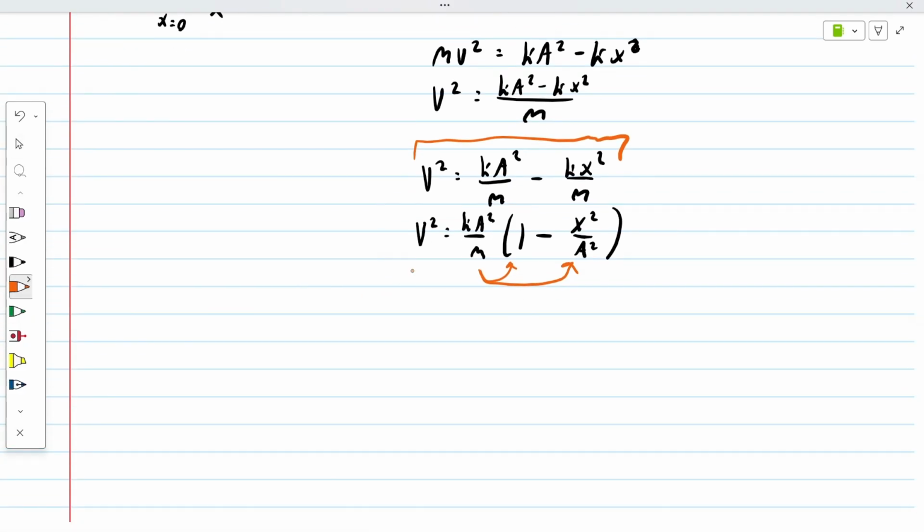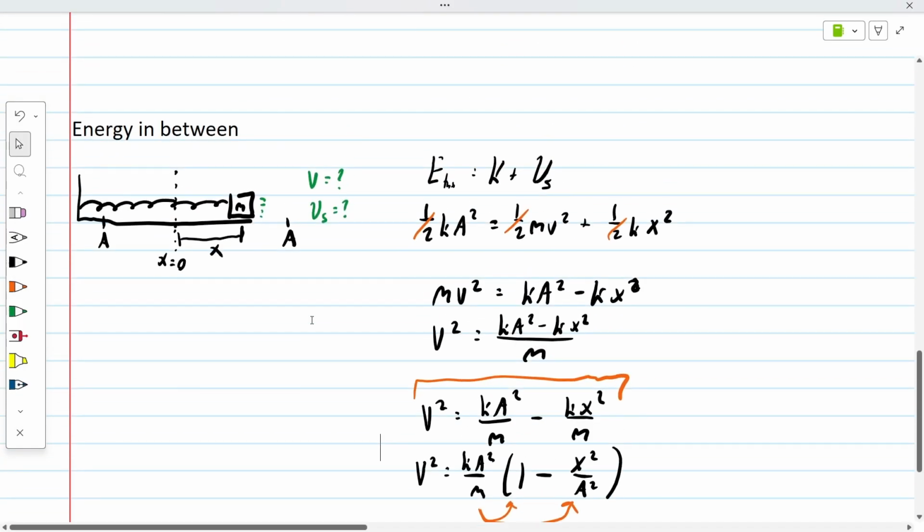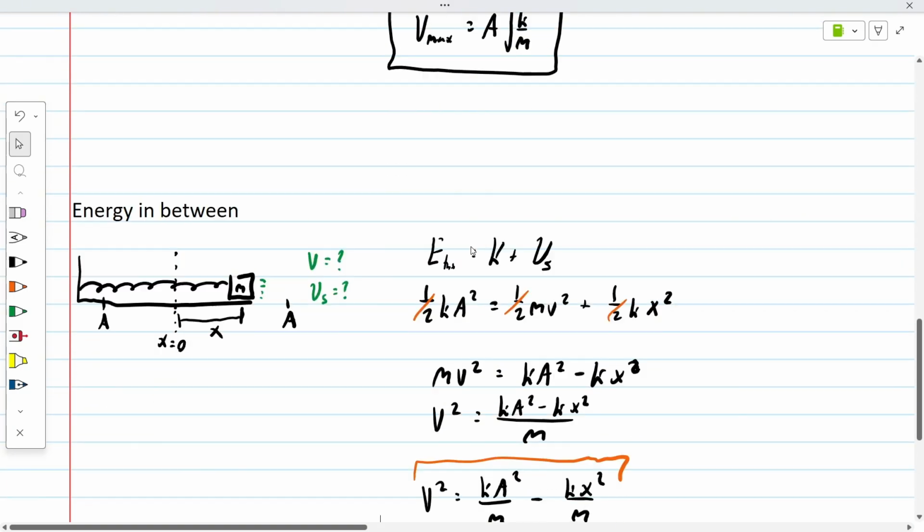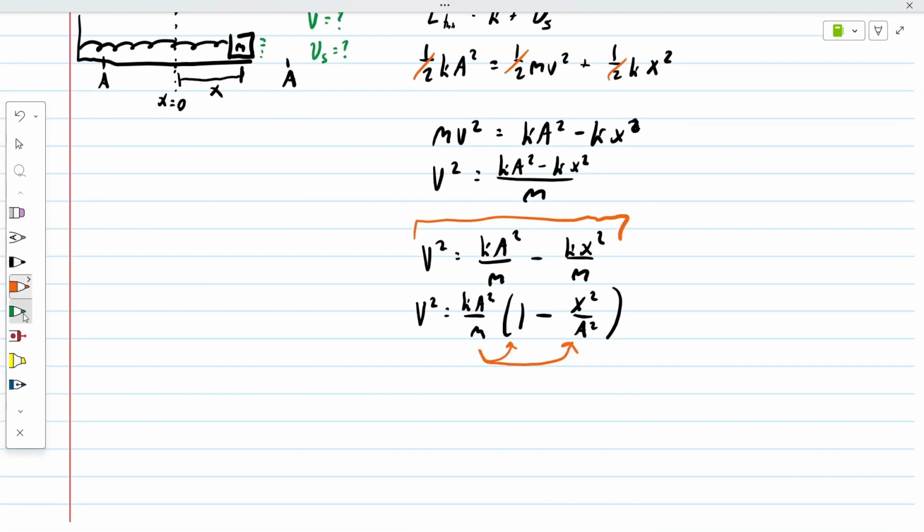But you may notice that we want just the v in terms of x and a, and we still have this k in here and the mass. But what we can do is use this equation up here that we derived for the max velocity. So we know that v max is going to be equal to a times the square root of k over m.